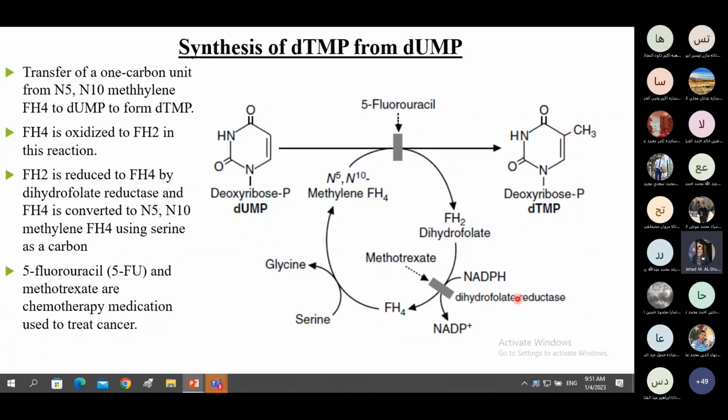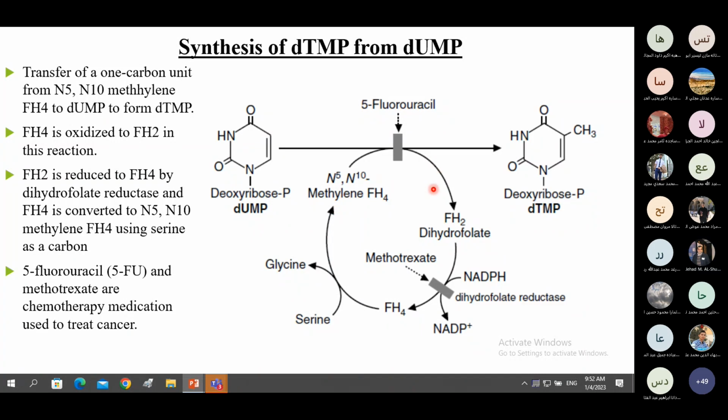Thus, dihydrofolate reductase will convert FH2 by donating 2 hydrogen atoms to FH2, thus converting it into FH4. Then FH4 takes one carbon group in the form of methylene from serine, which is converted to glycine. So FH4 takes one carbon group from serine to be converted to FH4 methylene, and so on.